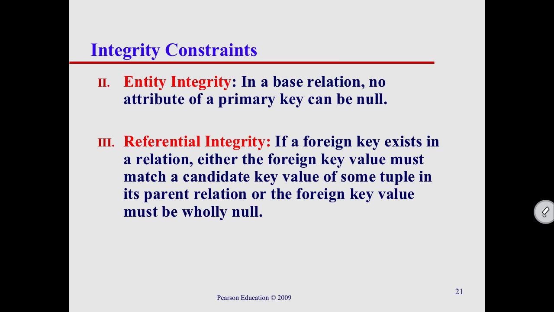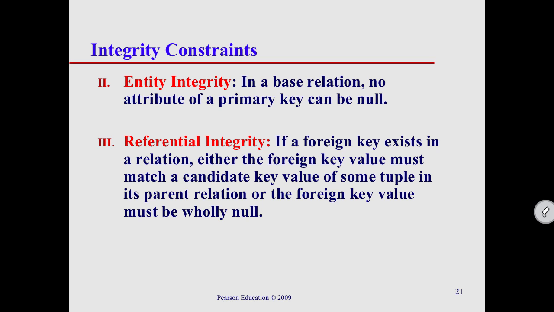The second thing is something called entity integrity. Don't worry about the word base relation yet, we'll get to that. Just pretend it says relation. So no attribute of a primary key can be null. That should make some amount of sense, because you're presuming that every attribute in that key is important to distinguishing the tuple.